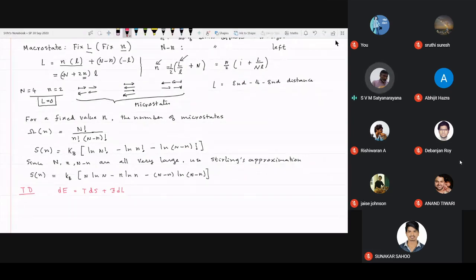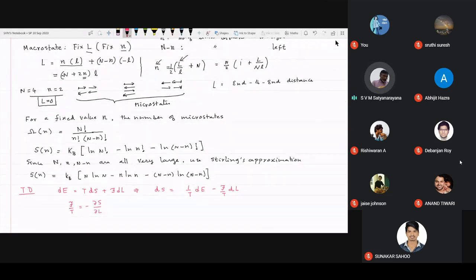So this implies now dS can be written as 1 by T into dU minus F by T into dL. So if you have S as a function of L, then you can get this F by T obtained with the negative partial derivative of S with L.